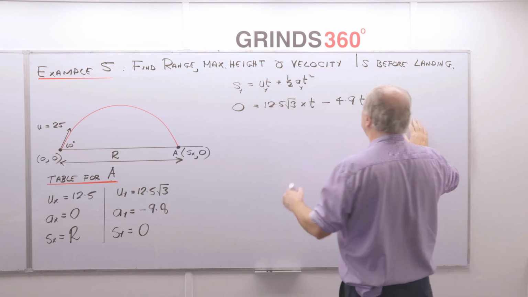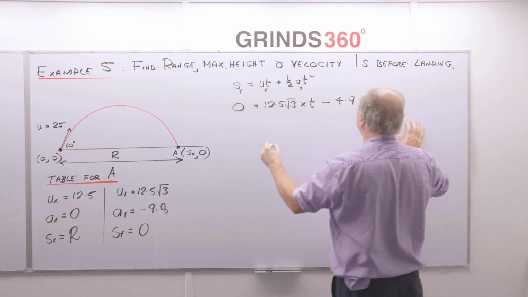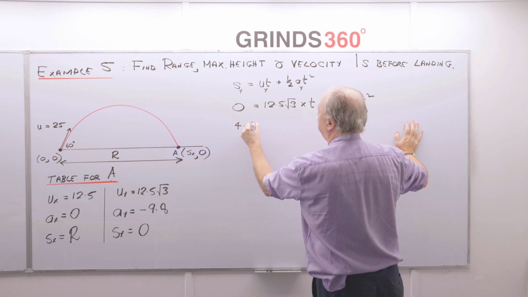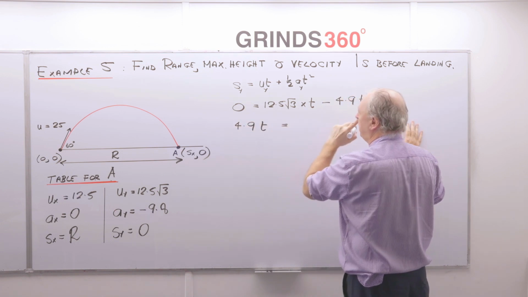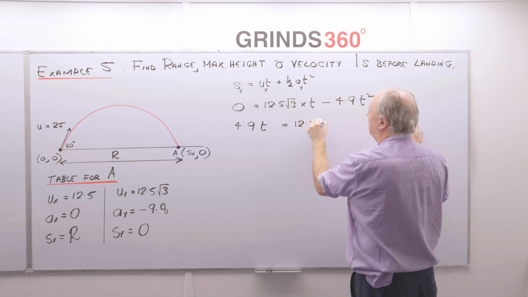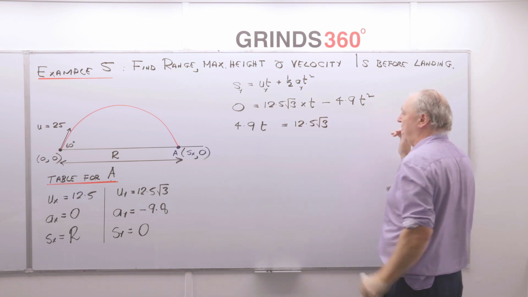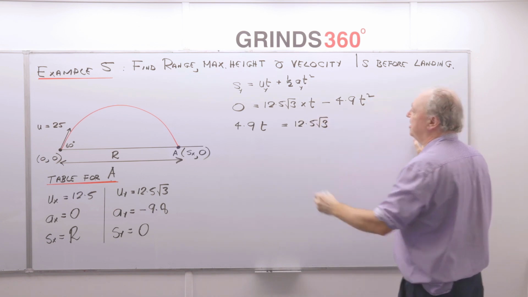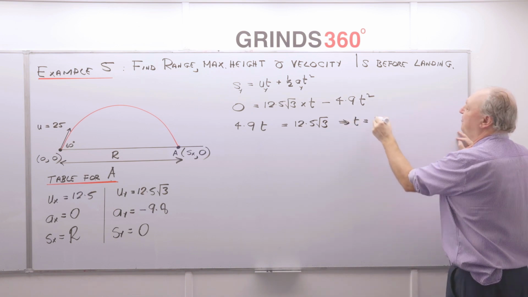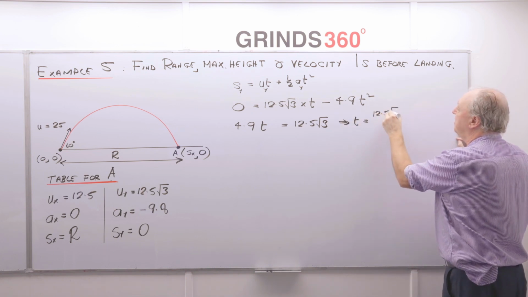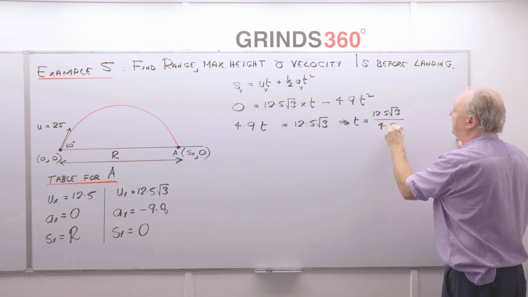If I divide across by t and jump that across, I get 4.9 times t, since that t squared becomes t, and that is equal to 12.5 root 3, and that t is gone. So therefore I can solve for t, so that implies t is 12.5 root 3 divided by 4.9.